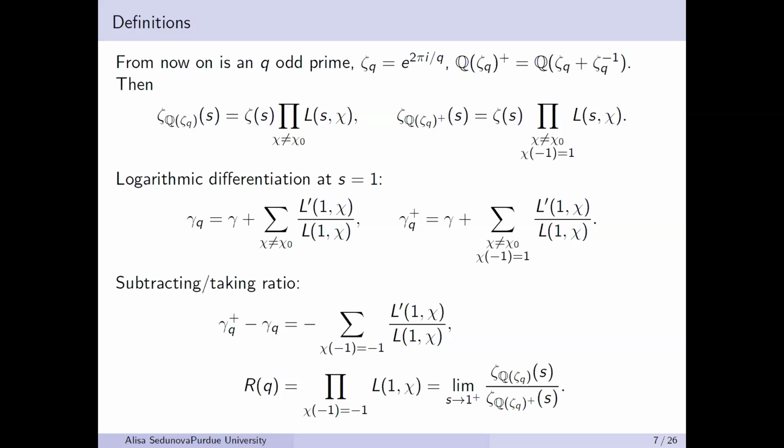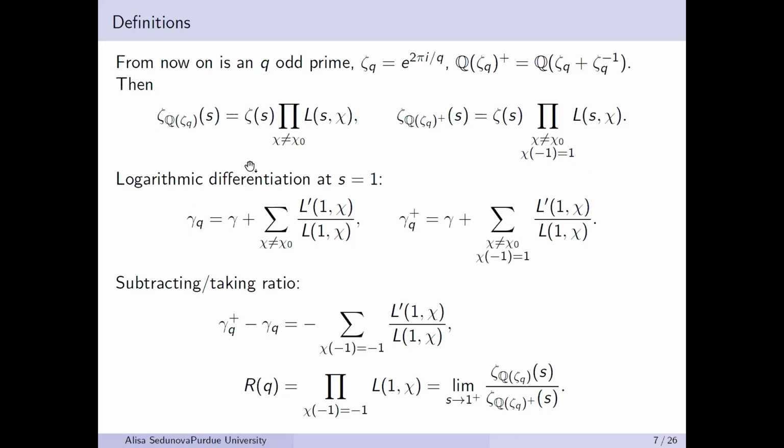Okay, so zeta sub q is the q-th root of unity, and Q of zeta q plus is the maximal real cyclotomic field. Then the zeta function splits into the normal zeta and the product over L functions over all the characters that are different from chi0. If we consider the zeta function attached to Q of zeta q plus, then we get again the zeta factor, and then the product over all L functions such that chi of minus 1 is equal to 1.